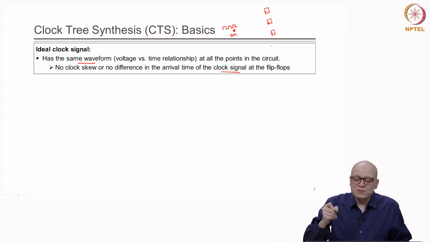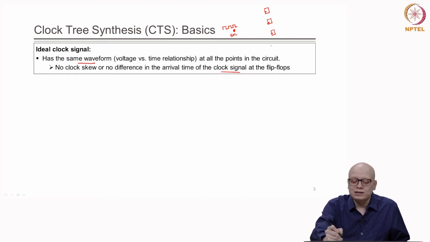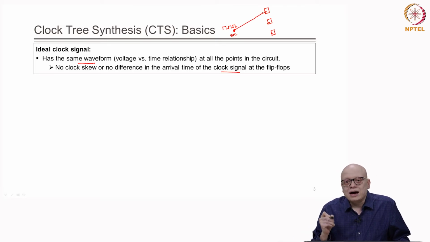It means that there is no skew or difference in the arrival time, meaning how much time it takes for the clock signal to start from the source and reach the clock pin. That is the arrival time. We expect that the arrival time at all the flip flops of our design is the same.